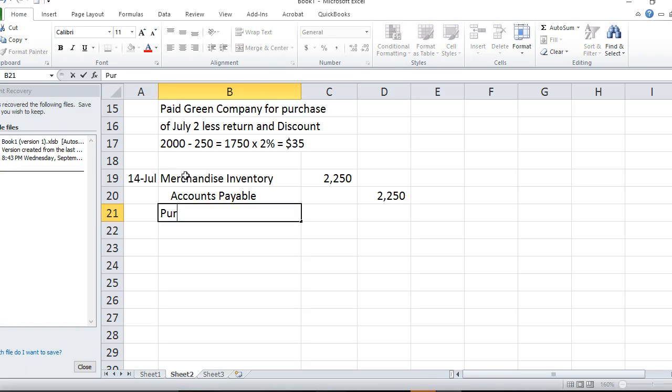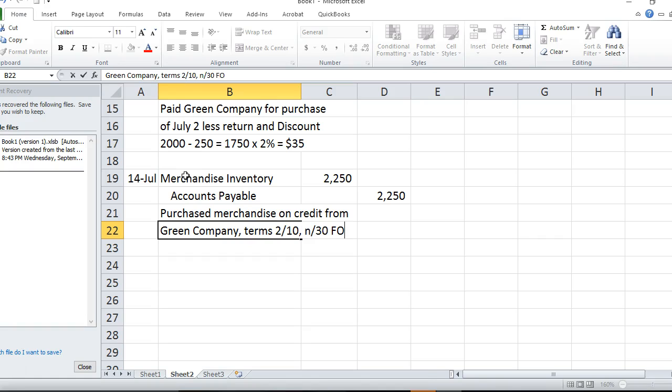And we just say purchase merchandise on credit from Green Company. Terms 2/10, net 30, FOB destination, invoice dated July 12th.